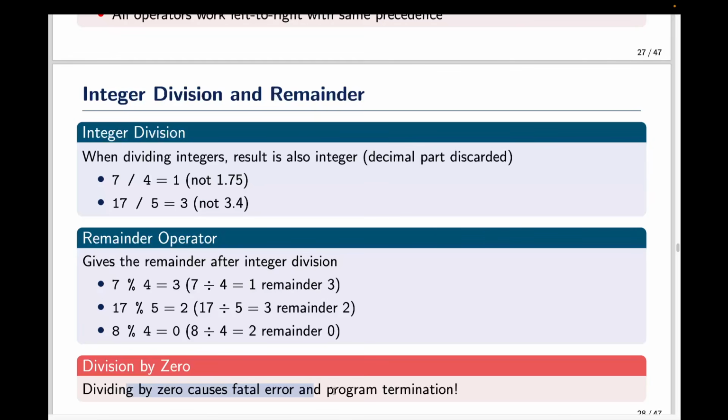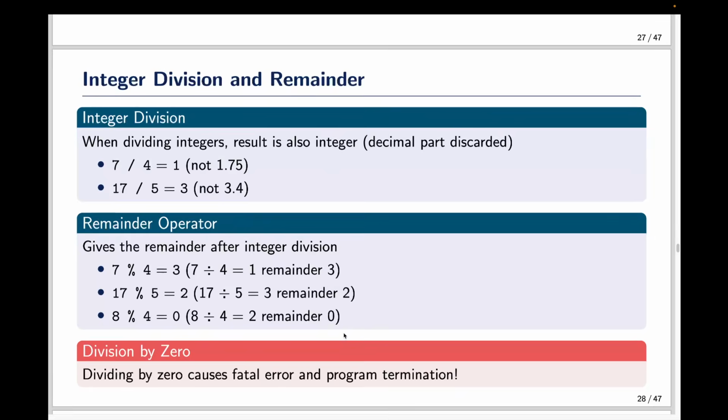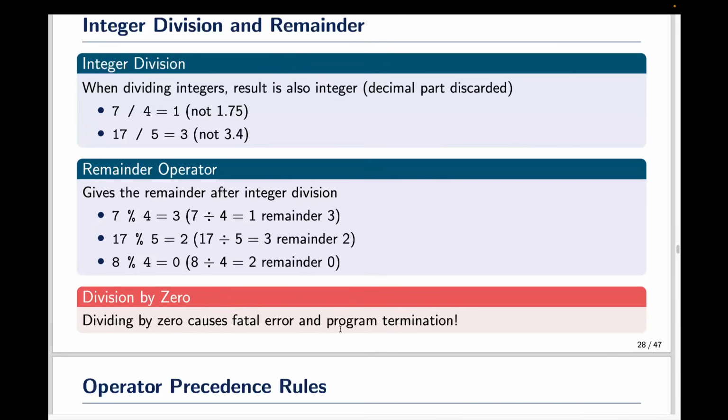Please always make sure that whenever you are doing this division, whether integer or float or whatever, you always check if the division is being done by 0, then you are not going to allow it, because the program is going to crash. And by crash, I mean that the computer does not understand infinity. We know whenever you divide any real number by 0, the answer is infinity, and that's not going to be a true value. So of course the program is going to crash and be terminated. So this is very much important.